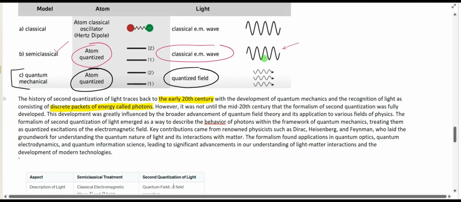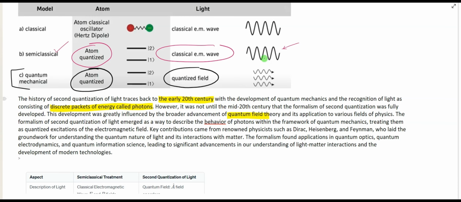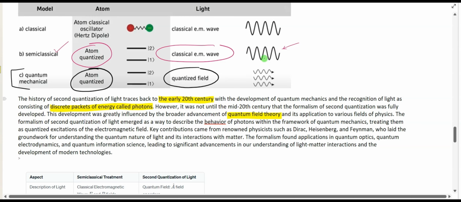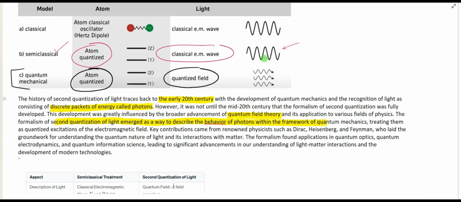This development was greatly influenced by the broader advancement of quantum field theory, which is an advanced version of quantum mechanics and its application to various fields of physics. The formalism of second quantization of light emerged as a way to describe the behavior of photons within the framework of quantum mechanics, treating them as quantized excitations of the electromagnetic field. The key contributions came from physicists like Dirac, Heisenberg, and Feynman.